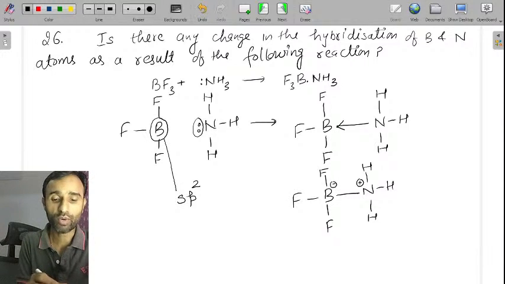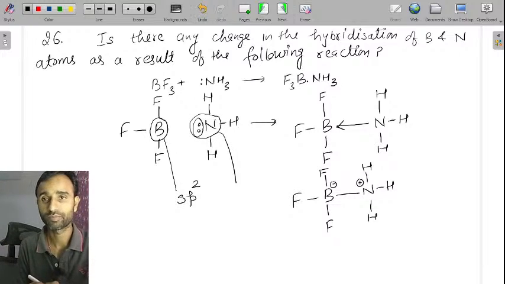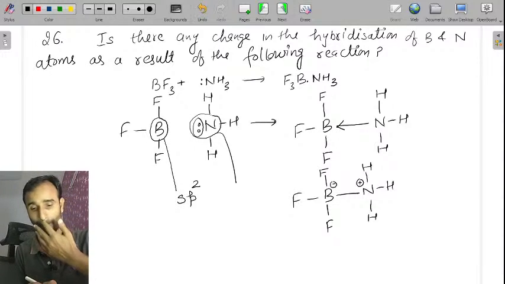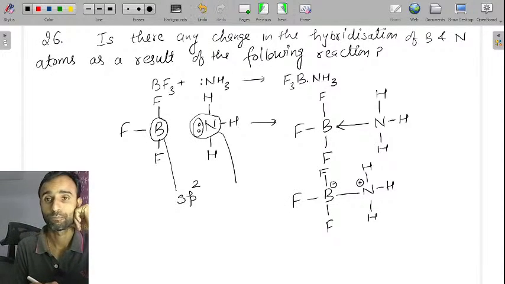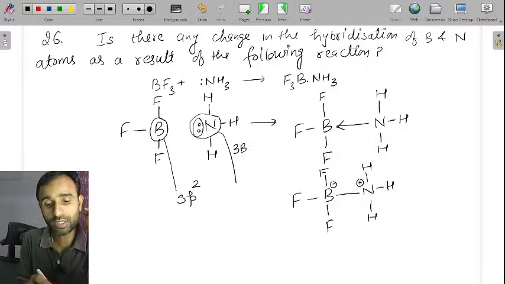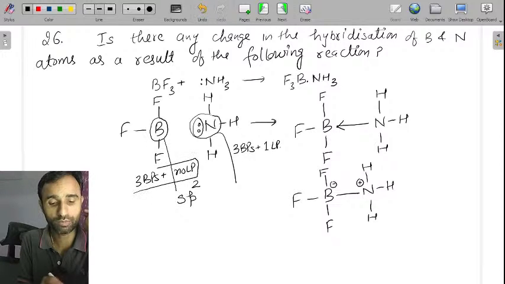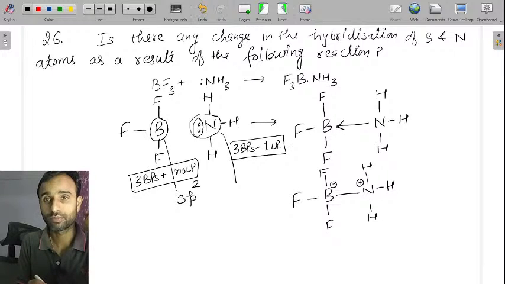Very good. And what about nitrogen? What is the hybridization of nitrogen before the reaction? Because there are 3 bond pairs and 1 lone pair. In this case, it has 3 bond pairs plus 1 lone pair.